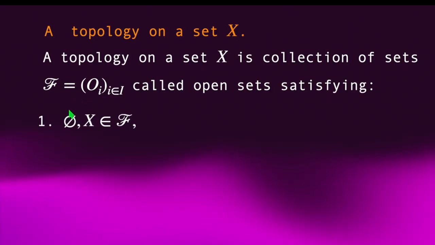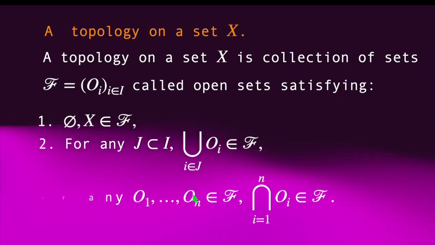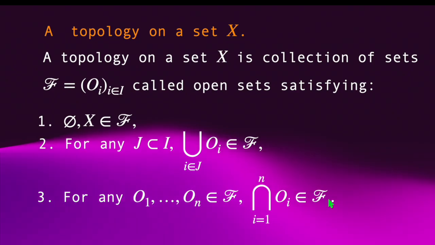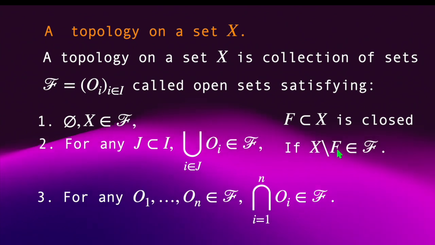The first one is that the empty set and X itself are open, and if you take any union of opens, you get an open set, and any finite intersection of opens is also an open set. So this is the definition of a topology. And a set is closed if its complement is open.